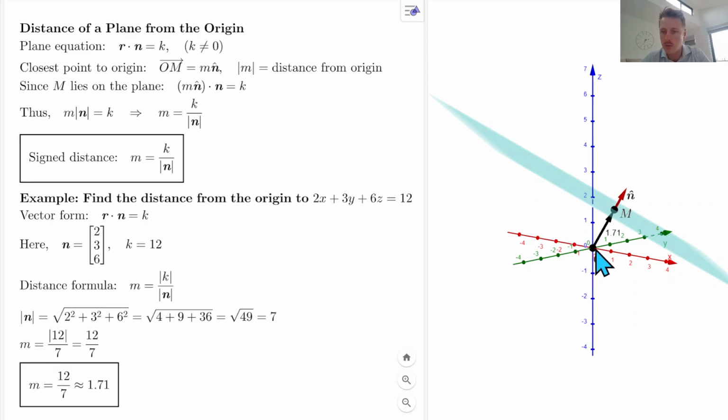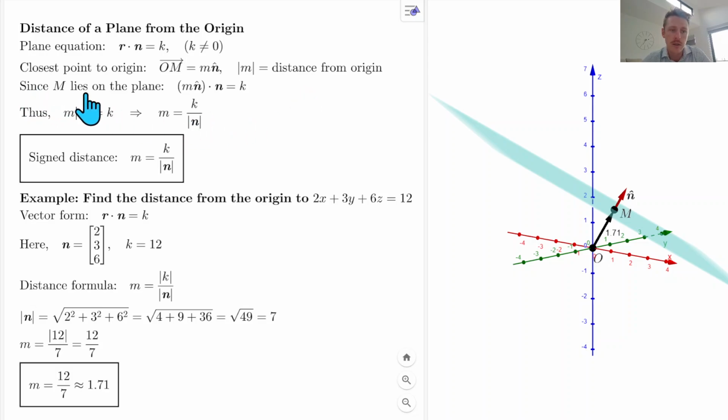So vector OM is a scaled up or scaled down version of the unit vector perpendicular to the plane. And so the magnitude of m, aka how much we scale it up or down, is the distance from the origin.